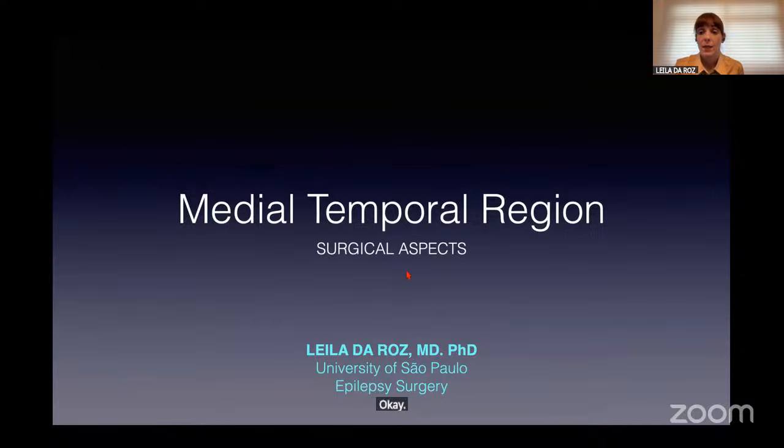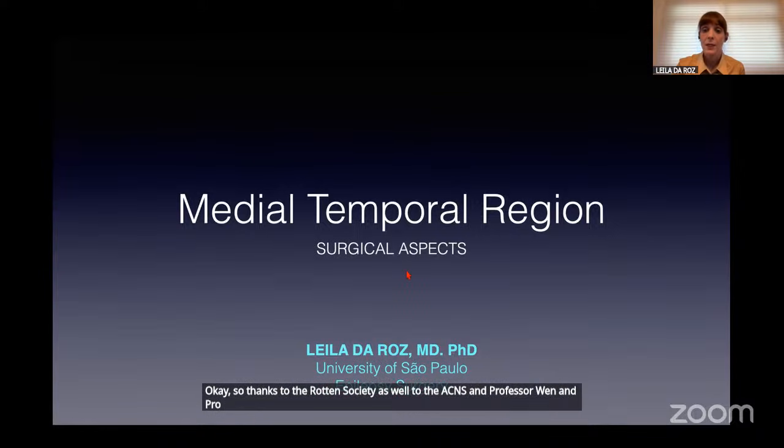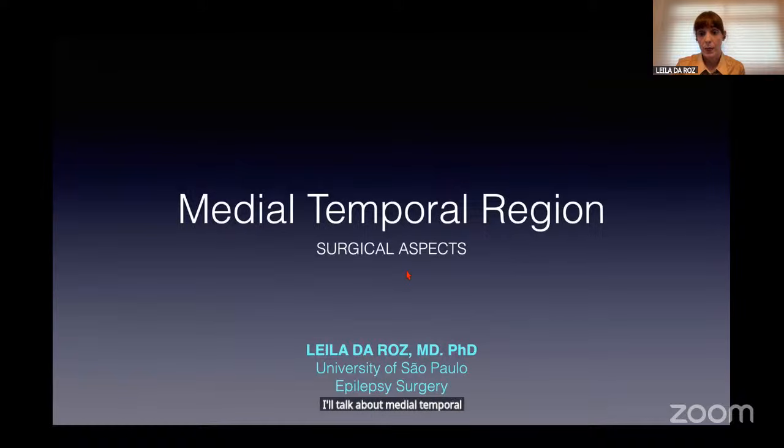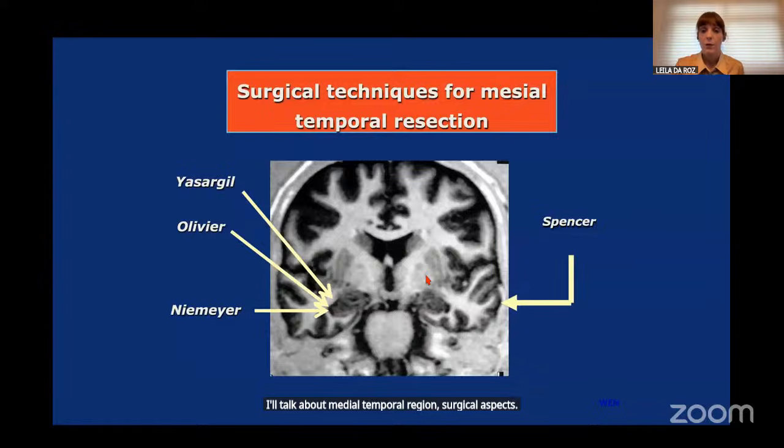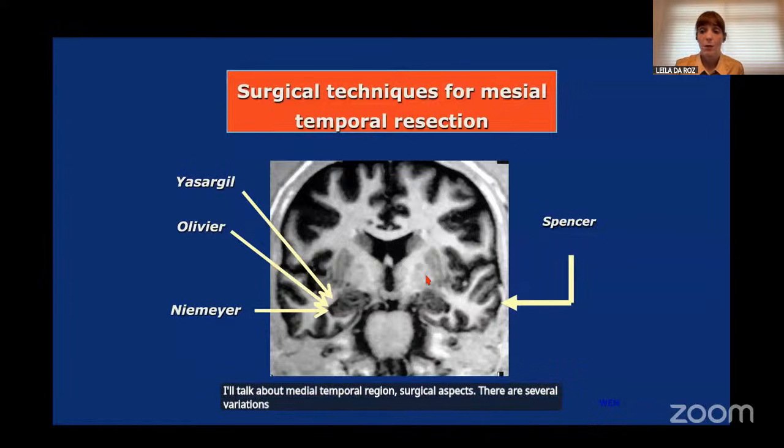Okay, so thanks to the Rhoton Society, as well as the ACNS, Professor Wen and Professor Carolina. I'll talk about the medial temporal region, surgical aspects. There are several variations of temporal lobe resection that have been described, all with good results.